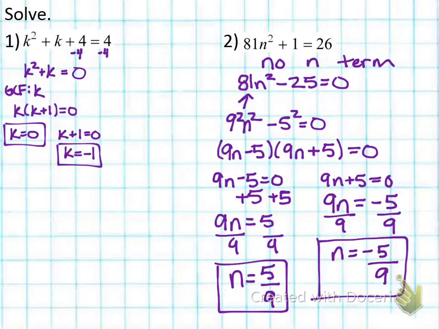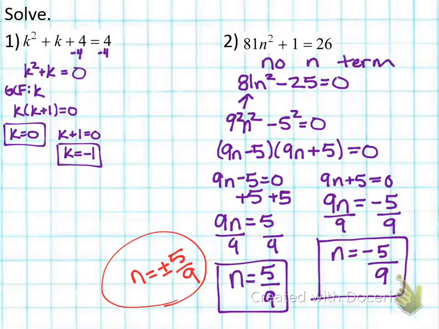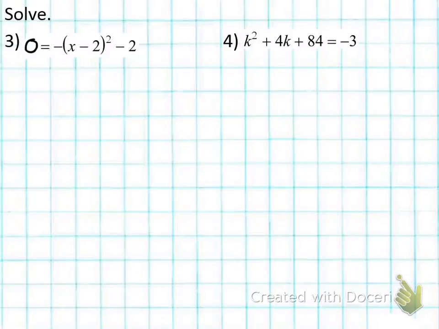And again, difference of squares was the best strategy to use here. Okay, and the answer, again, you can write as plus or minus for number 2 if you want to shorten it that way.